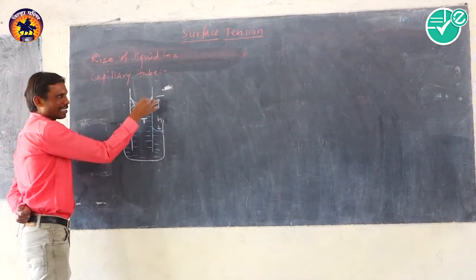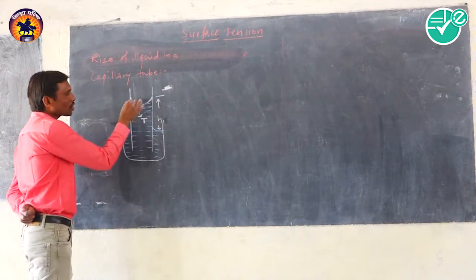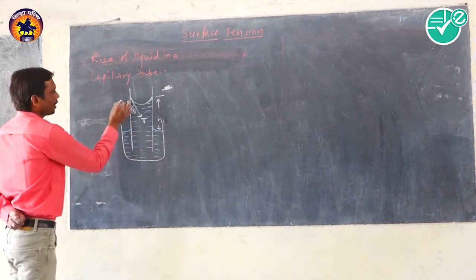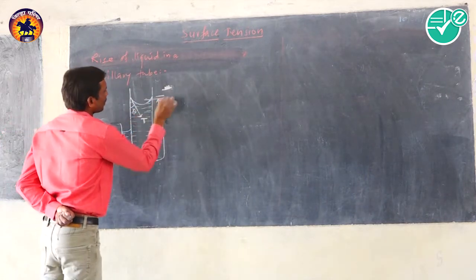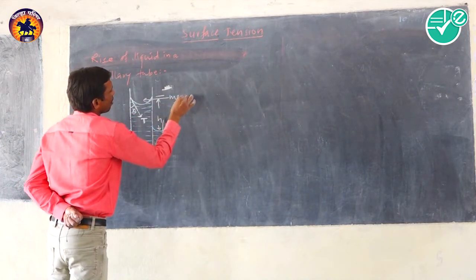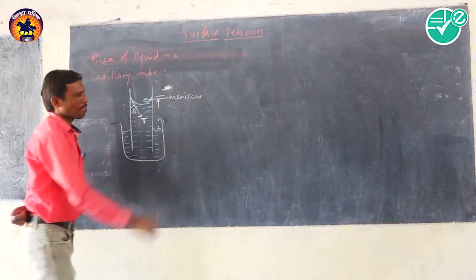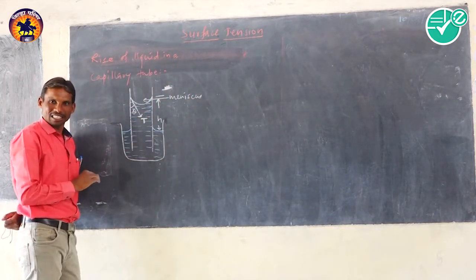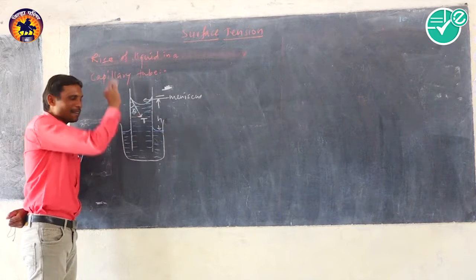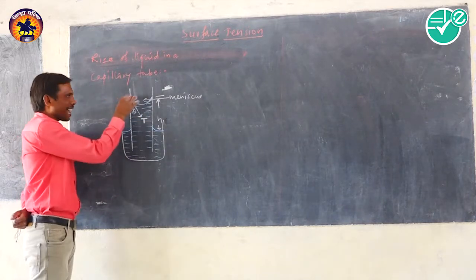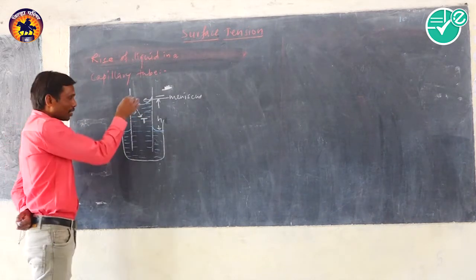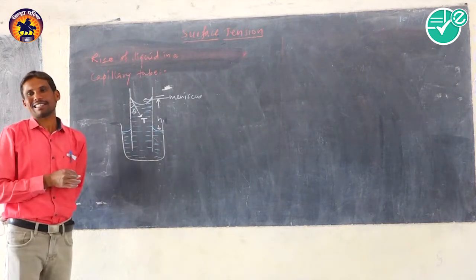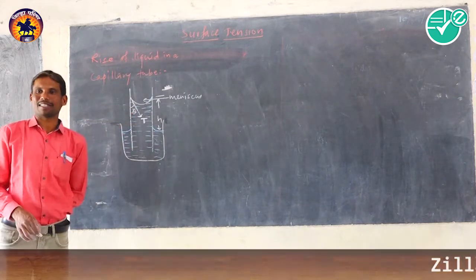Liquid meniscus is nothing but the curved surface of liquid inside the glass capillary tube, that is known as the meniscus. So here T is the force due to surface tension, acting per unit length on this glass capillary, which actually comes in contact with the liquid meniscus. Here liquid meniscus is the free surface.